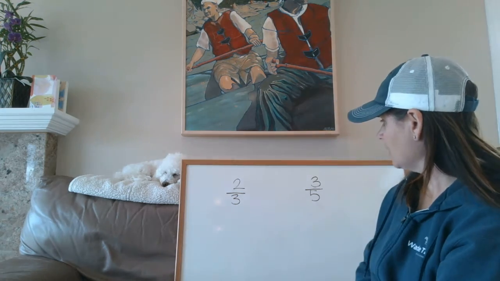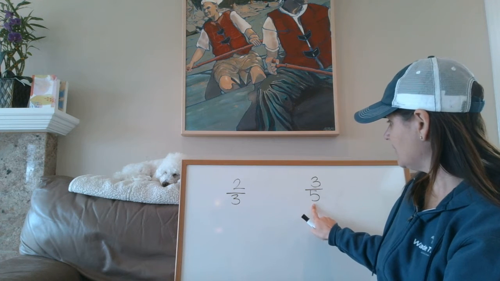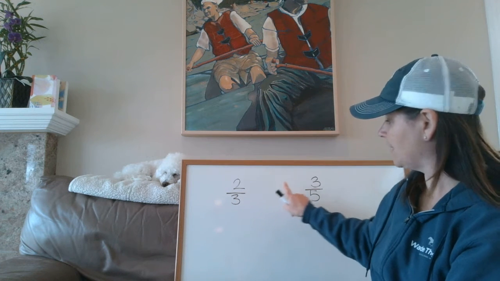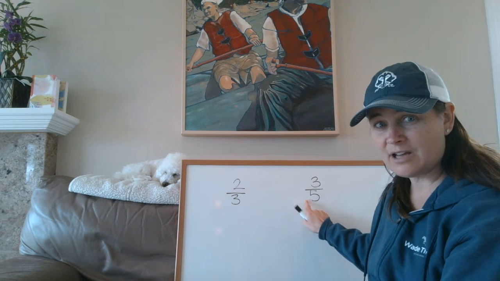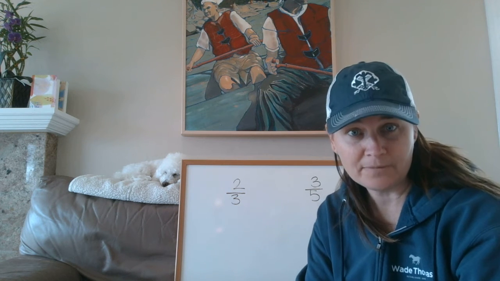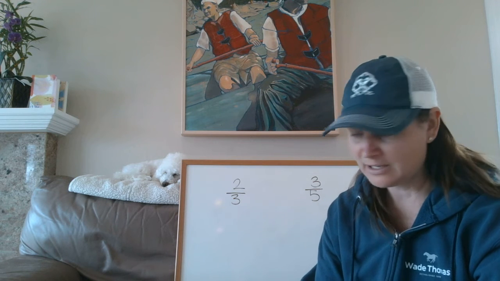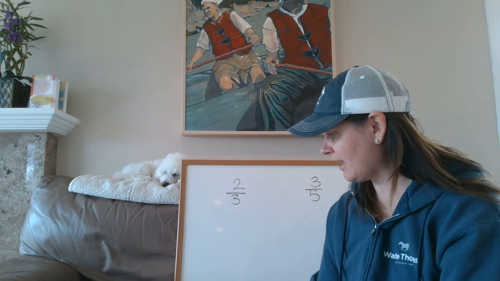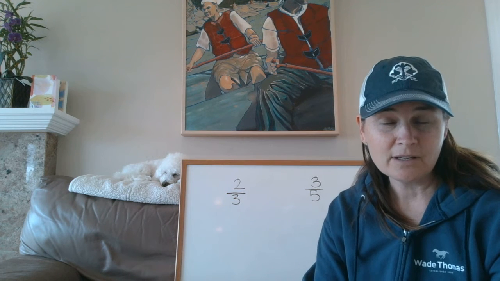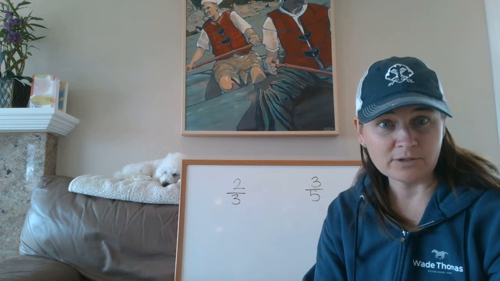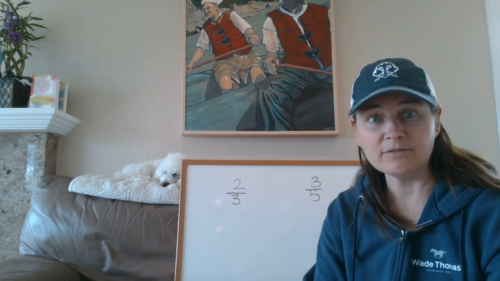So looking at 2/3 and 3/5, if this was 2/3 compared to 3/3, we would know that 3/3 is more. But because it's a different denominator, we have to do something different. And one way I'm going to teach you today to do that is to think of a common multiple that 3 and 5 have. So multiples. For 5s, multiples are 5, 10, 15.